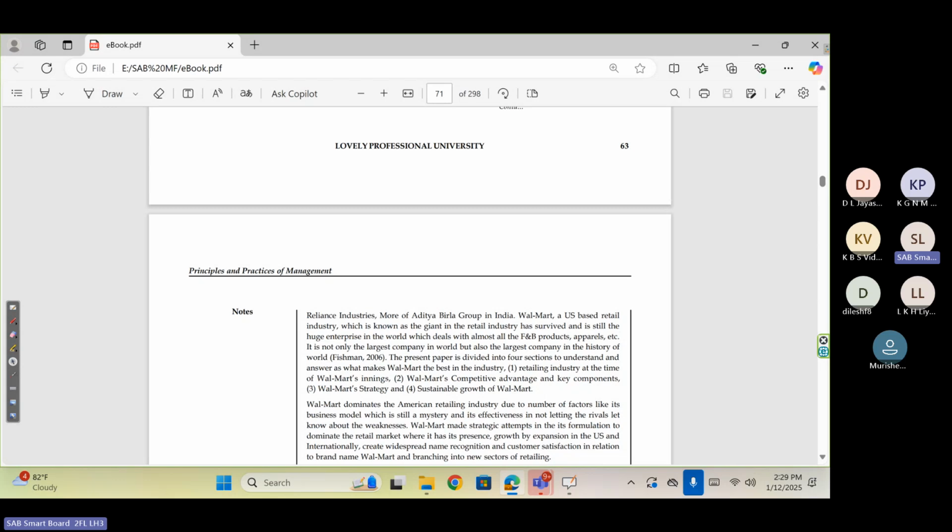These are examples, no? Then the giant comes in, Walmart, a US-based retail industry. In Sri Lanka, this is now a trending area, no? Using supermarkets to buy everything in a single outlet. Even low-income people like to go there. Right.